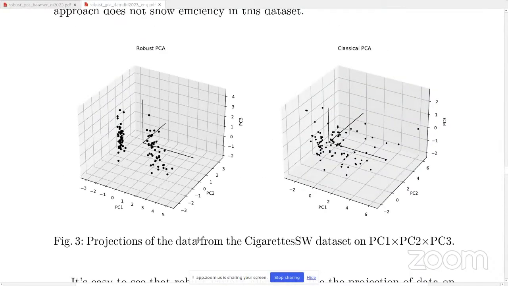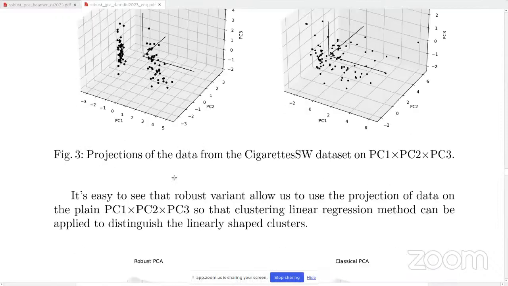This is another example, where we use our approach and project the data on the first, second, and third principal component. We can see that the data are divided into clouds that are directed along some straight line. We can then apply clustering regression in this case.